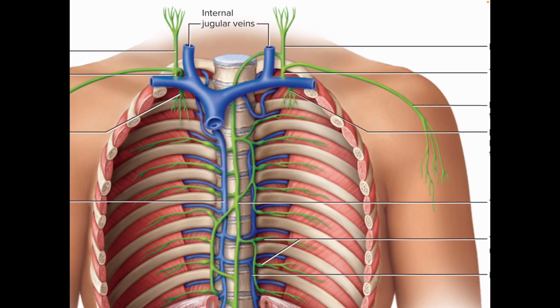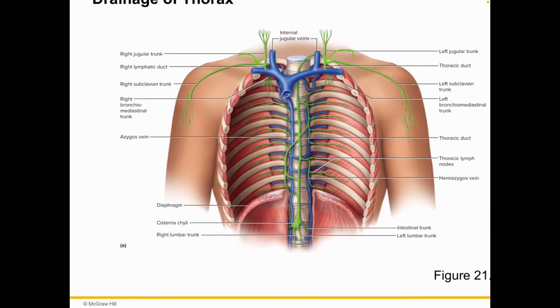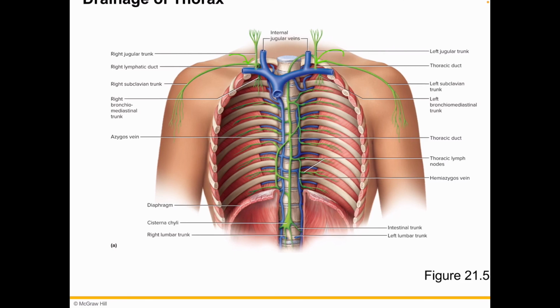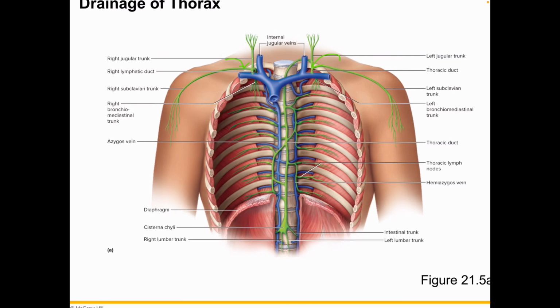Within the thorax proper, internally we have some more of these duct systems, right? They are jumping right into the veins. So the subclavian vein and subclavian trunk themselves are going to eventually drain through the vena cava back into the rest of the body. You'll notice that they also follow the veins.